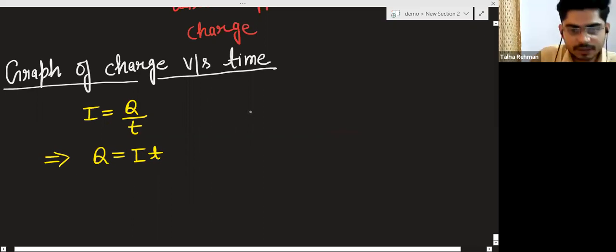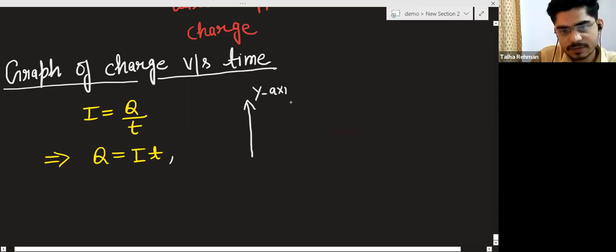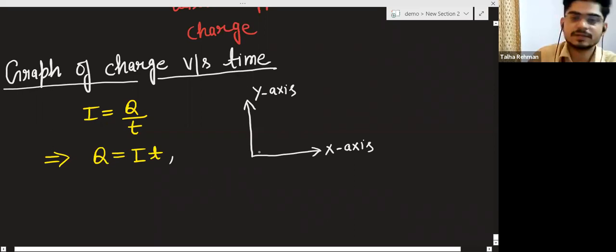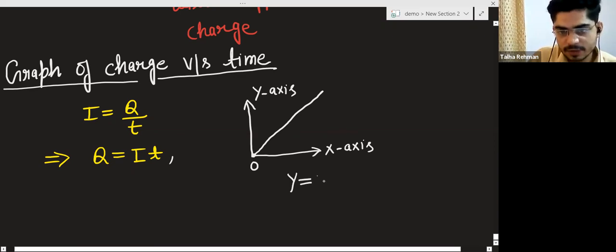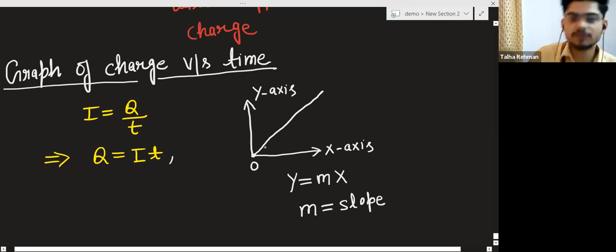So if this is the y-axis and this is the x-axis, and if a line is passing from the origin like this, we write the equation of this line as y equals m x, and m is the slope of this line.